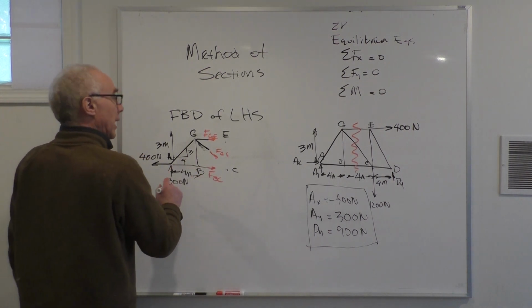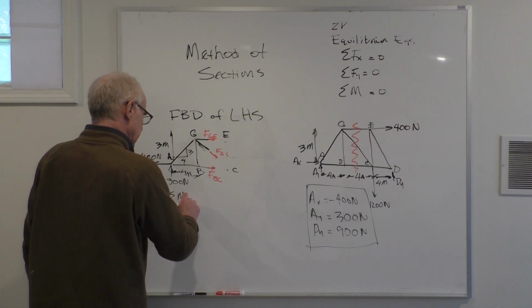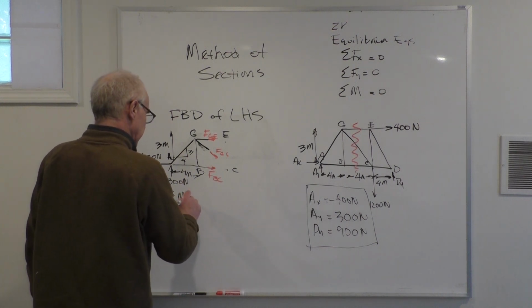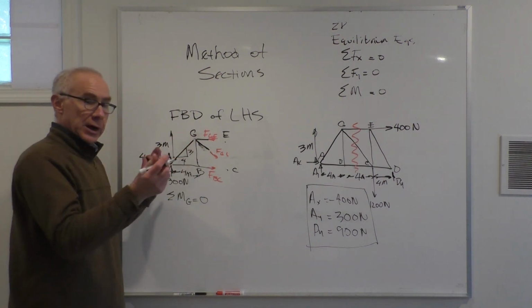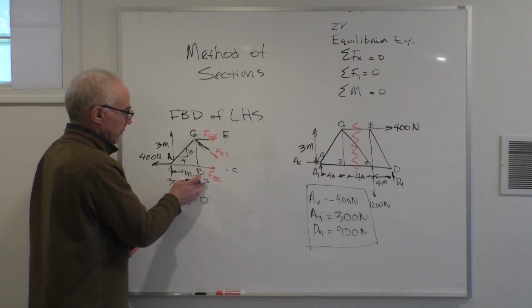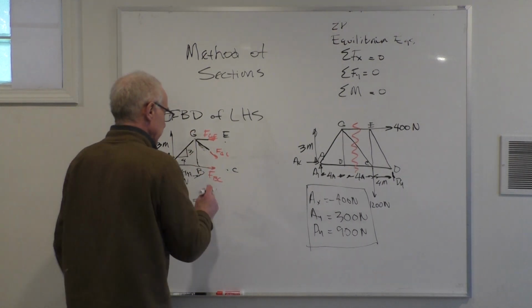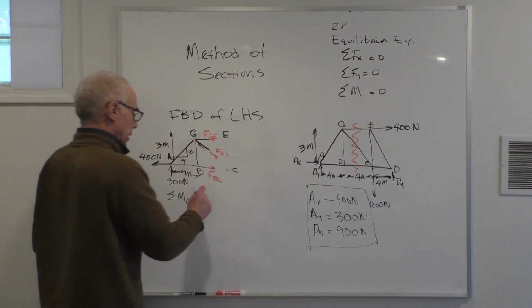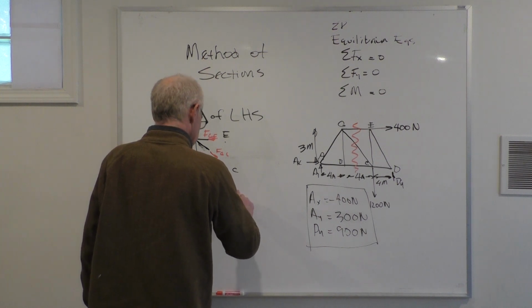So let's evaluate that. So the sum of the moments about G equals 0. So both of these, no contribution. This FBC is going to have a contribution with a moment arm of 3 meters. And this is going counterclockwise. So it's equal to FBC times 3 meters.